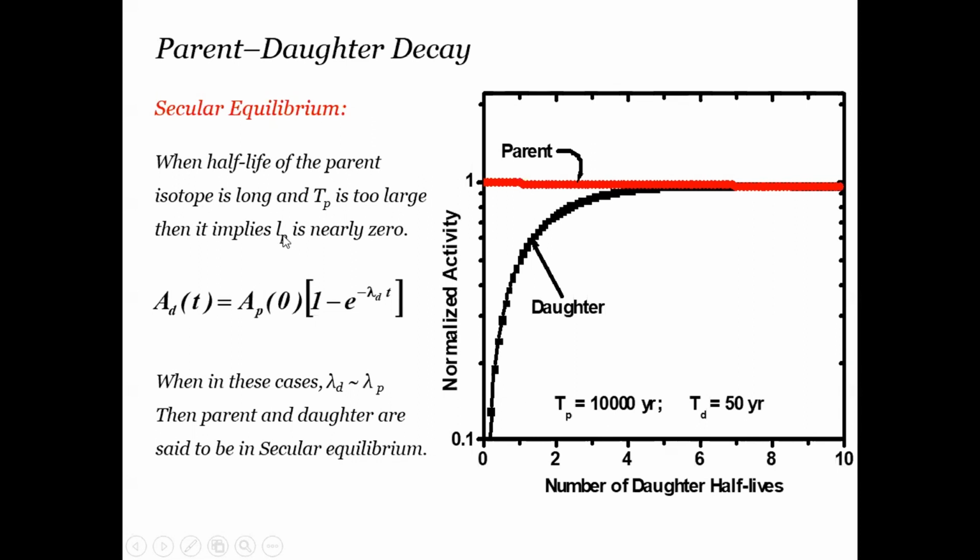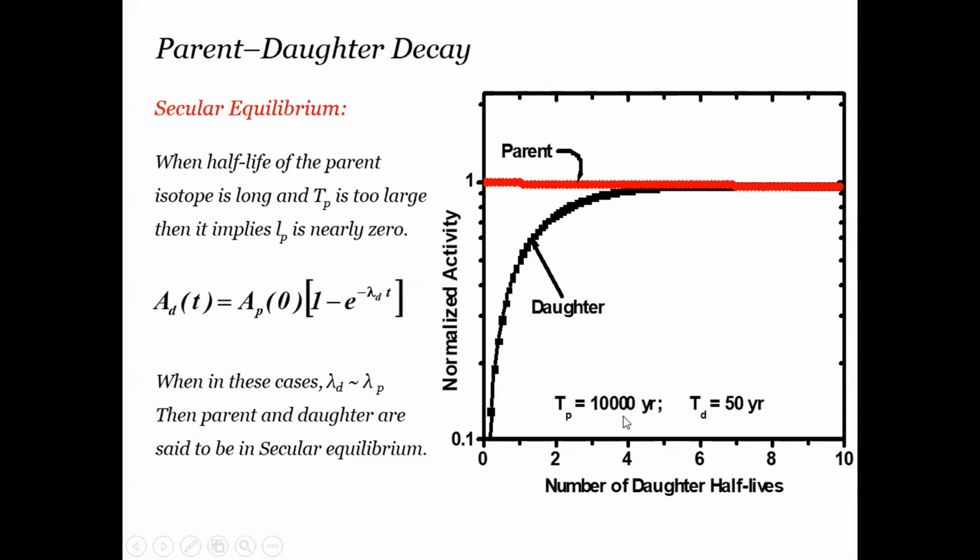And therefore the decay constant for the daughter remains. This gives a 1 minus e to the power term, indicating saturation: the daughter elements will grow and become saturated. And the parent elements are nearly constant. They are decreasing, but not so much over the measured times. So within 10 half-lives of the daughter elements, we see a very small change.